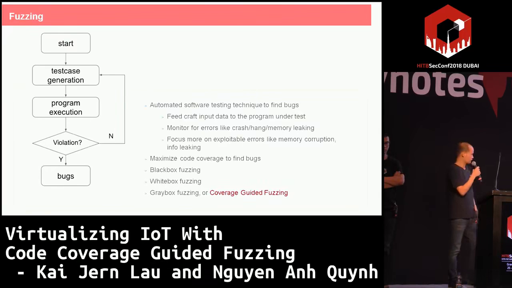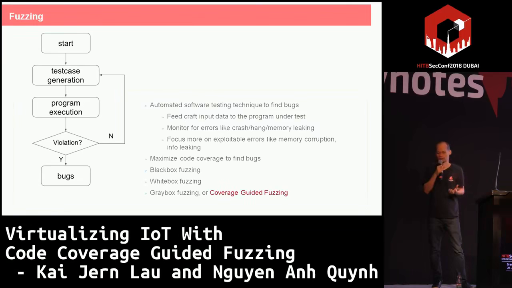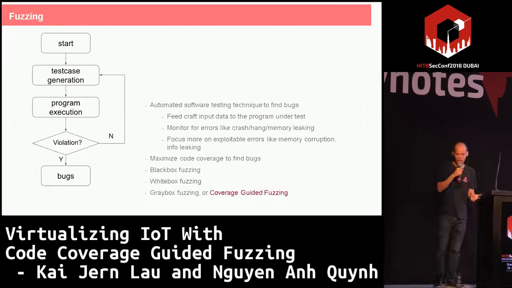Okay, we have a few kinds of fuzzers here. Actually, you have a spectrum. On one end you have the black box fuzzer. On the other end we have the white box fuzzer. The black box fuzzer is a kind of dumb fuzzer. When you feed random input into the program, we monitor the program from outside without any insight into how it works when the program runs. The other type of fuzzer is the white box fuzzer.